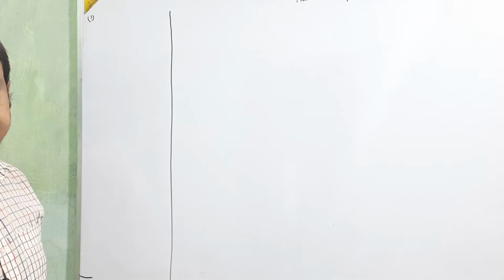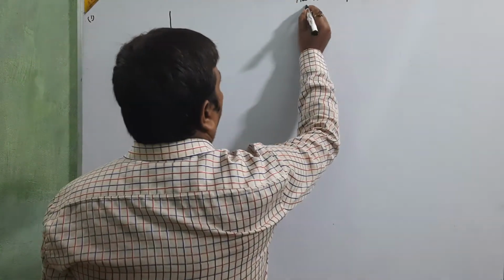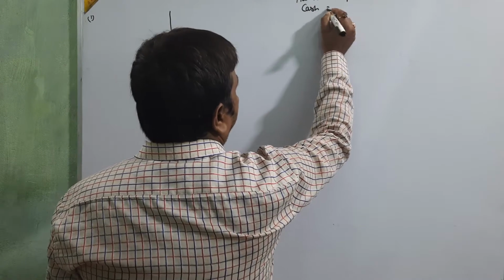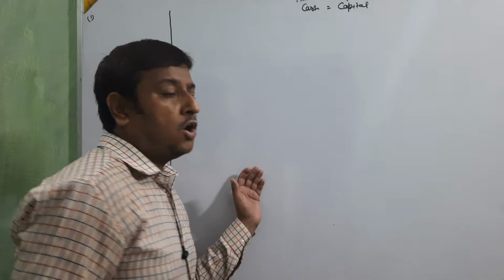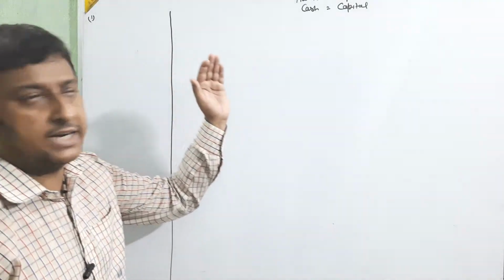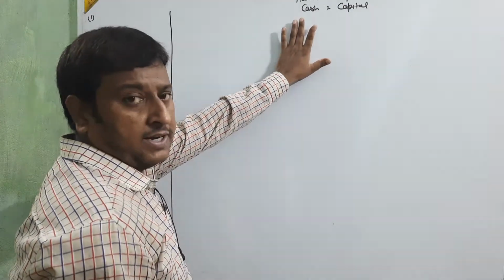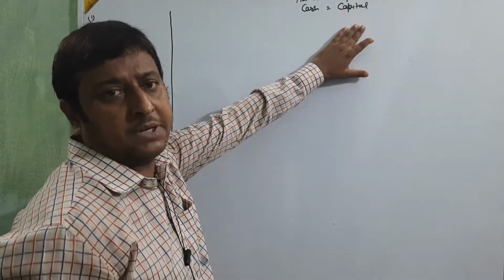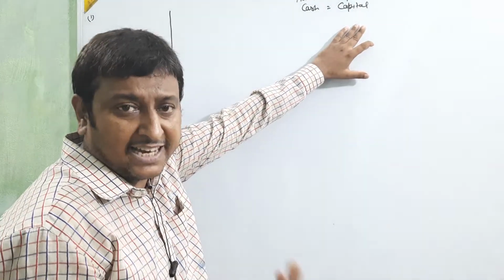First is Sandeep started a business with cash 1 lakh. So one is cash and second, beta, capital. Just first see how we are going to present the different heads. When you start the business with cash, one head is cash and the second head is capital, because that cash is invested in the business as capital.